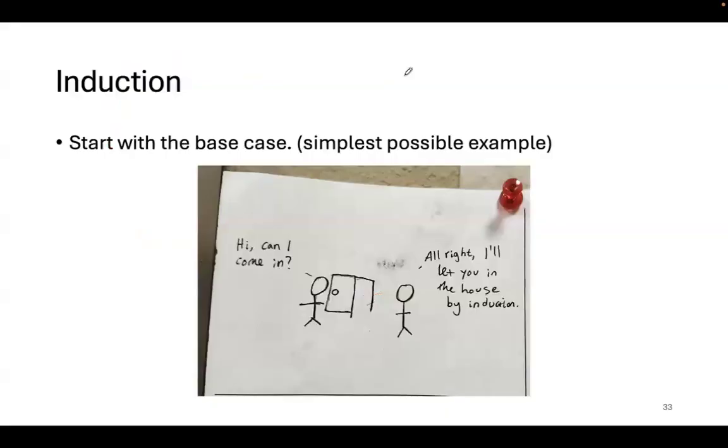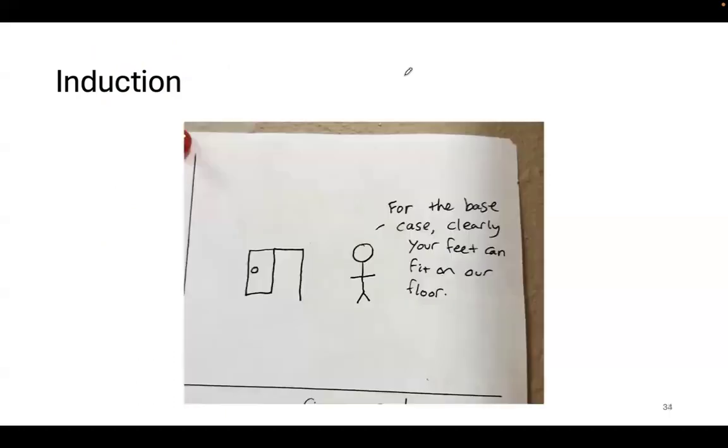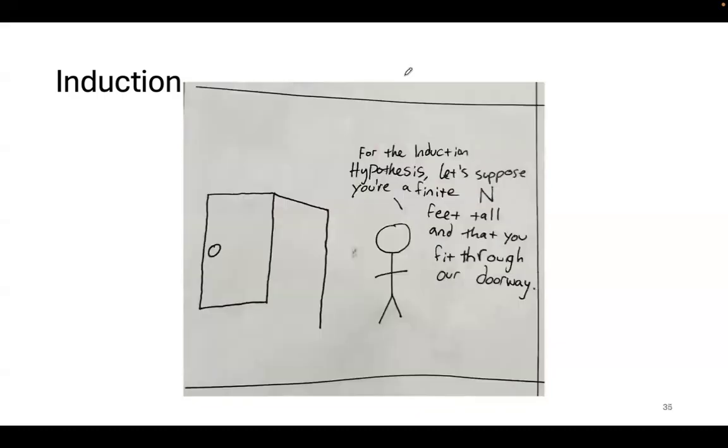In case you're interested, there's a sheet of paper pinned up in the math lounge that I'm like 98% confident I wrote when I was a student. It shows a silly little story of someone inviting someone into a house by induction. We start with the base case: your feet are on the floor, so that's great.